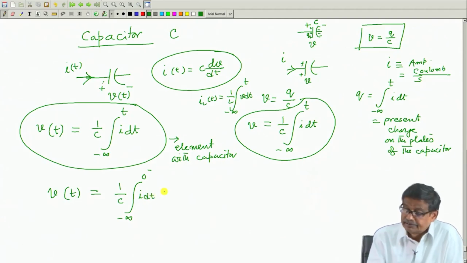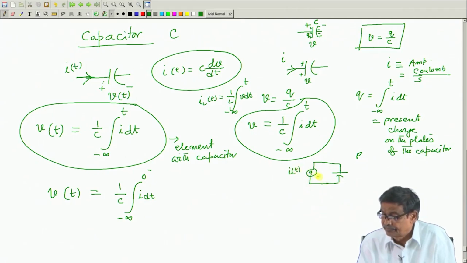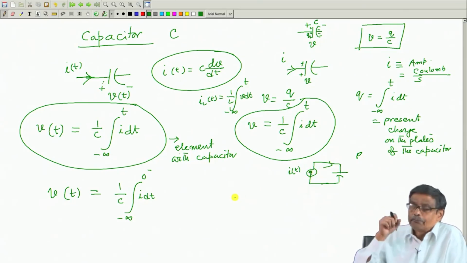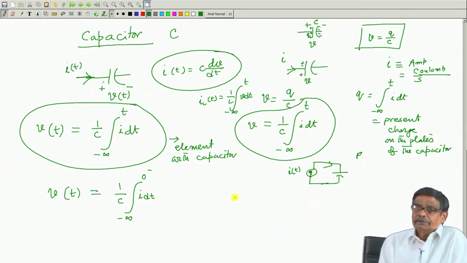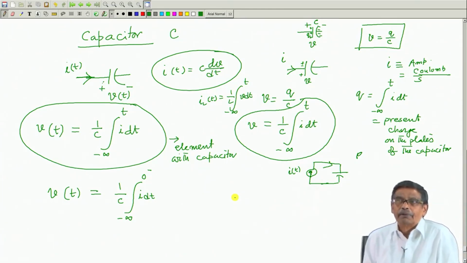So, what is the circuit here? Circuit means here is a capacitor and we are feeding it from a current source, a time-varying current source. Got the point? I am pumping current, charges are being stored, hence voltage develops across the capacitor. If you think that way, it will be better.